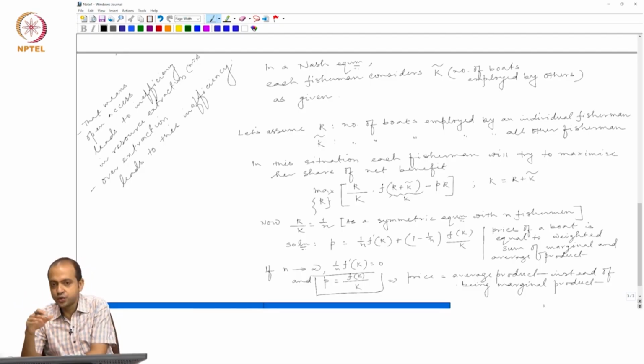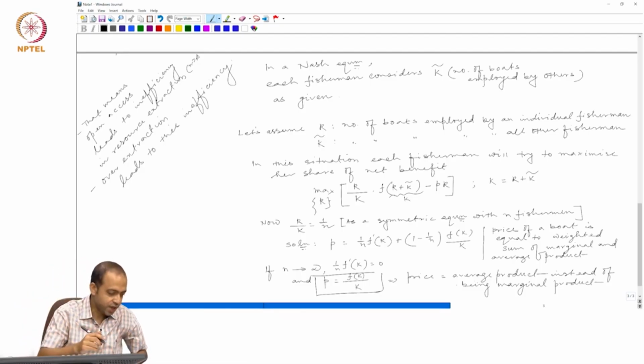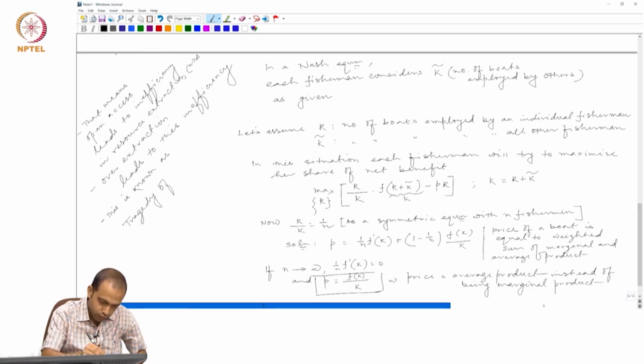Over extraction leads to this type of inefficiency, and this is known as tragedy of commons.